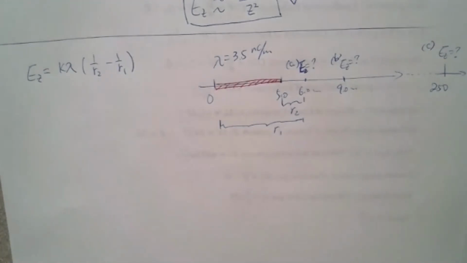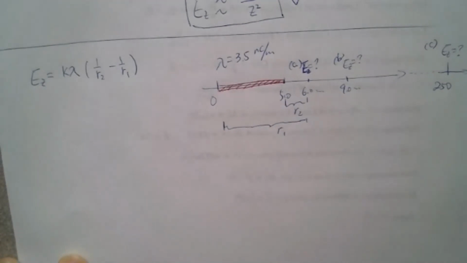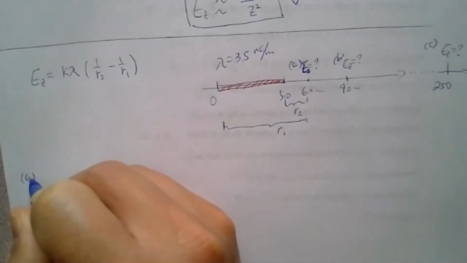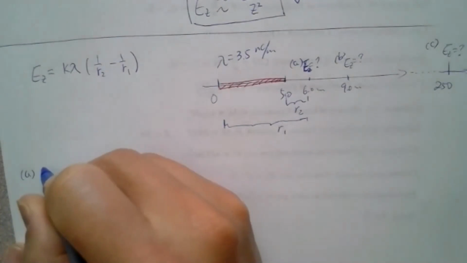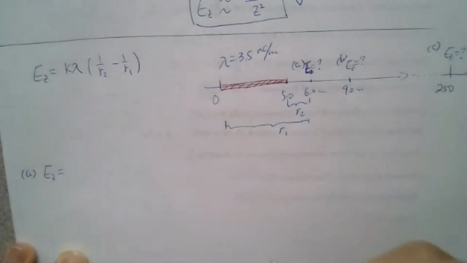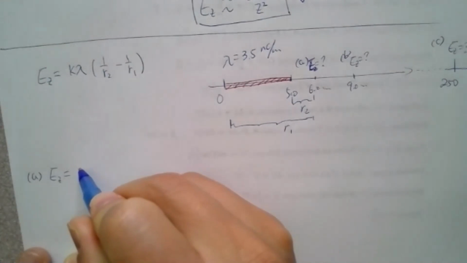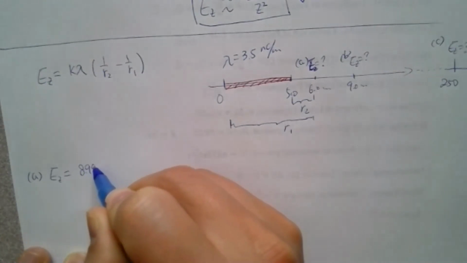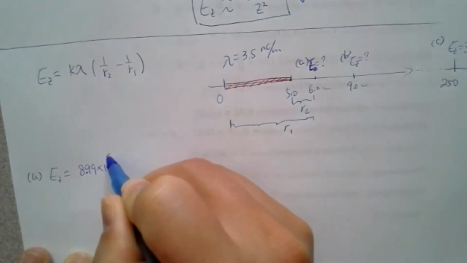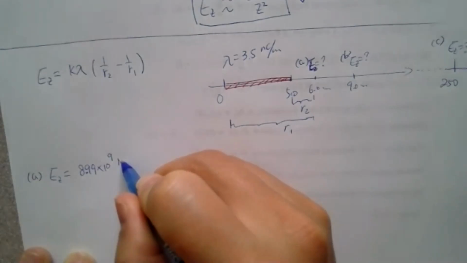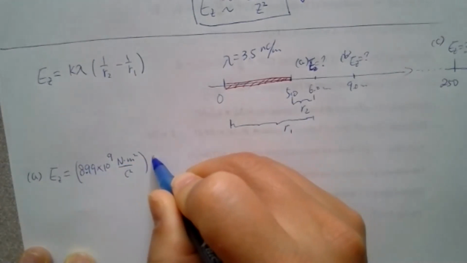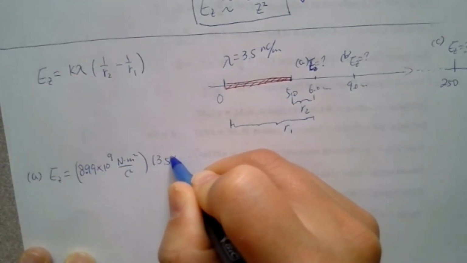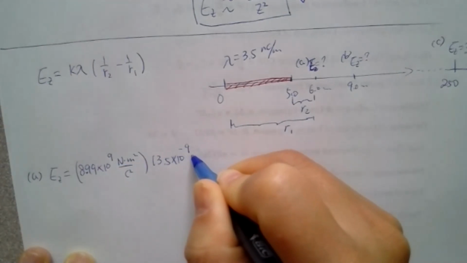All right, let's take a look at this one together now. For A, looking for the electric field there, E in the z component is going to be k, where k is 8.99 times 10 to the 9th newton meter squared over coulomb squared. Lambda is 3.5 nanocoulombs per meter, so 3.5 times 10 to the minus 9.